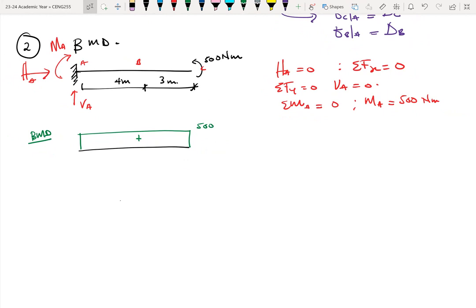So once the loads change, it's possible that the direction of the moment at A would also change. Okay, so let's take note of that. So we call this a point moment, or some will say concentrated moment. So this is our bending moment diagram.